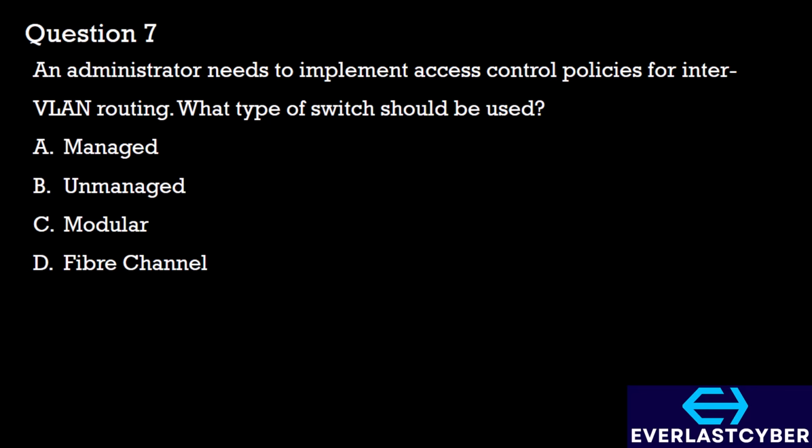A modular switch can be managed and offers flexibility in terms of adding and removing components, but the key feature needed for this scenario is the managed capability for configuring VLANs and access control. The fiber channel switches are specialized for high-speed storage area networks, but they are not typically used for regular VLAN configurations. So for this, we'll be going with option A.